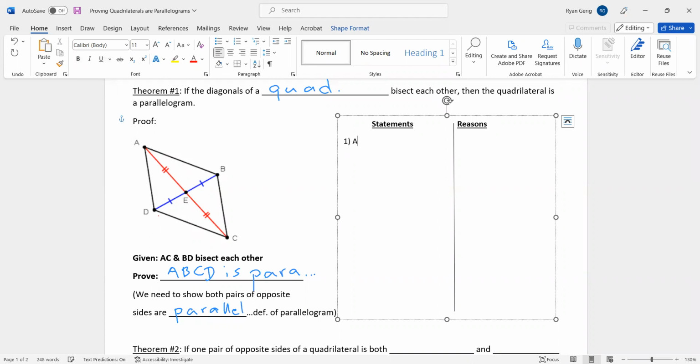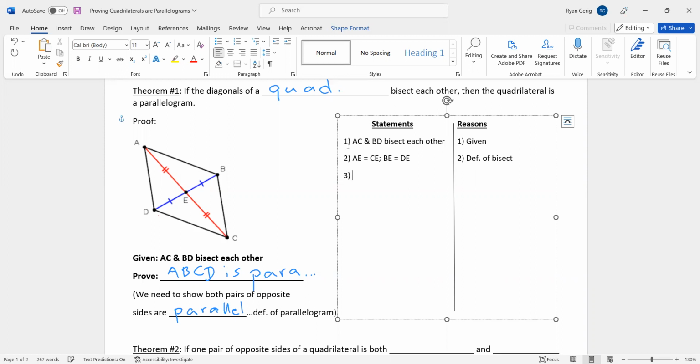First thing is AC and BD bisect each other. That's given. Well, what does that mean? It's already shown on the picture, but AE equals CE and BE equals DE. That's what bisect means, so definition of bisect.